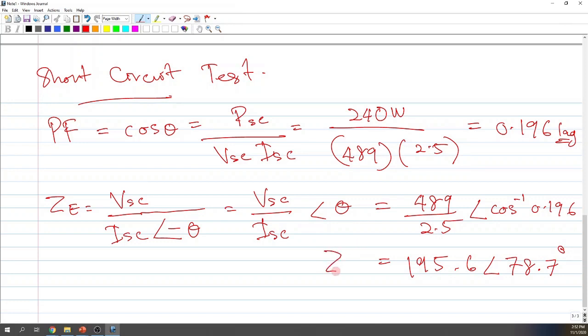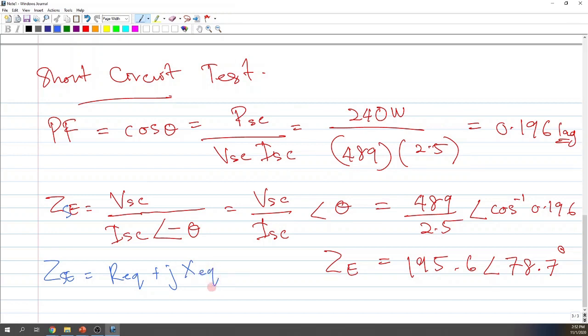Okay, so this is ZE, and then we pecahkan dia, leraikan dia. So ZE equal to ZSE lah, silap, tersalah. ZSE dia ada R equivalent plus J X equivalent.